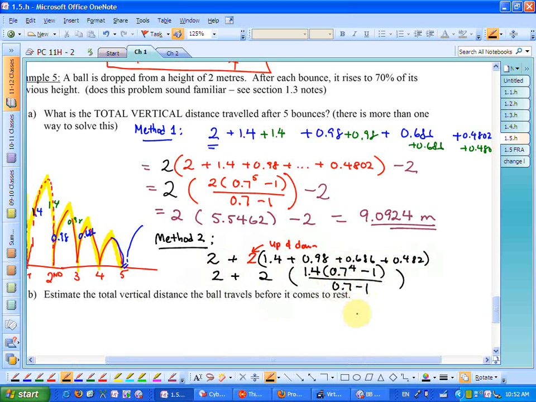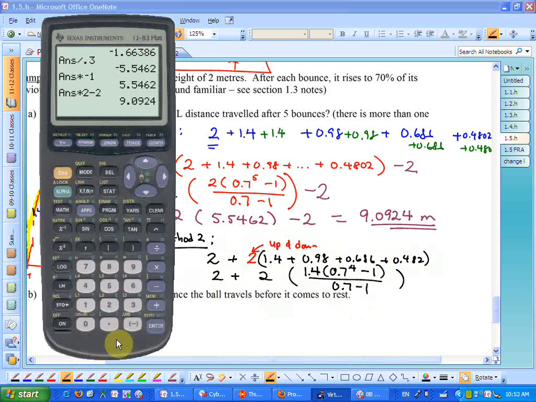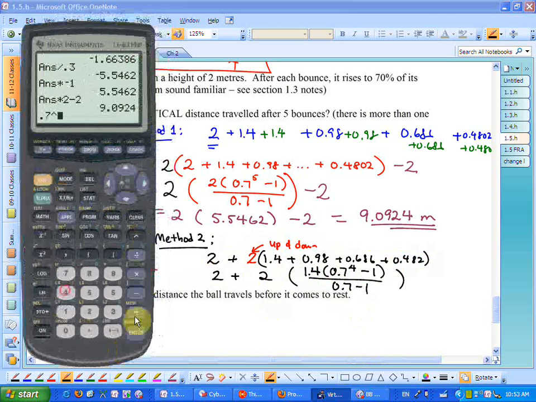Okay. So I'd like you to calculate it this way, and let's hope that you get the same answer. So once again, 2 different ways to do the exact same question. I don't know which one you like better, but find one that works for you and use it. Times 2 plus 2. Same answer?